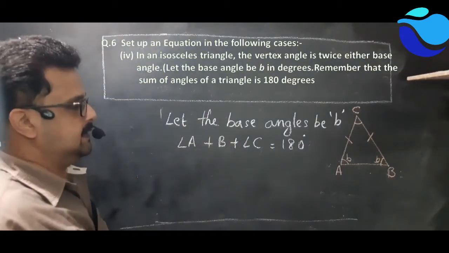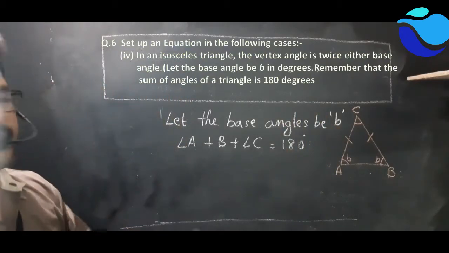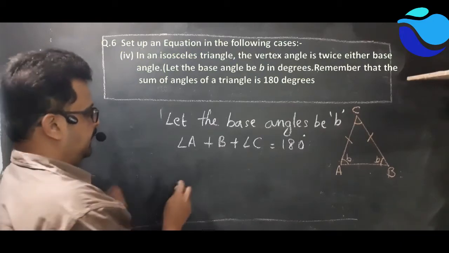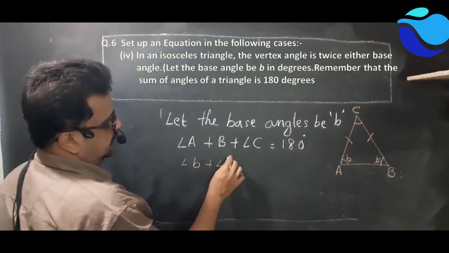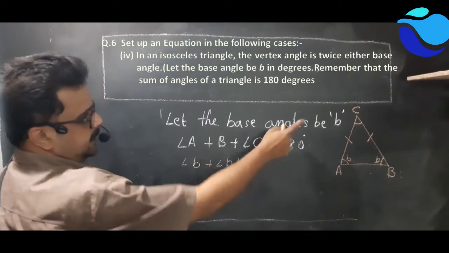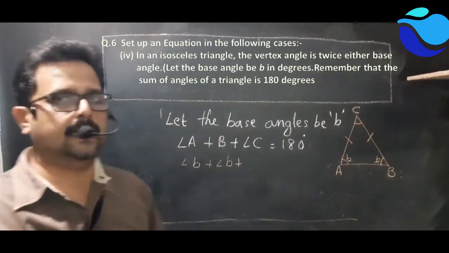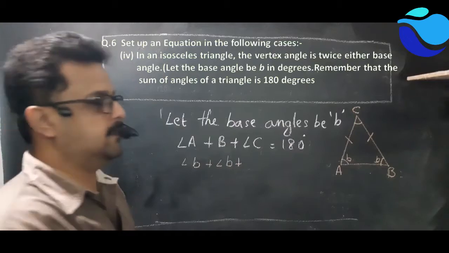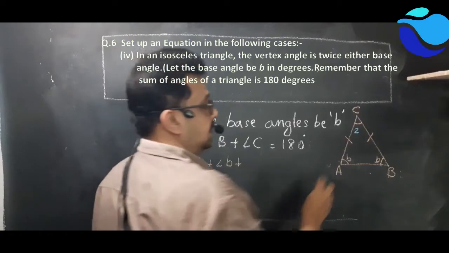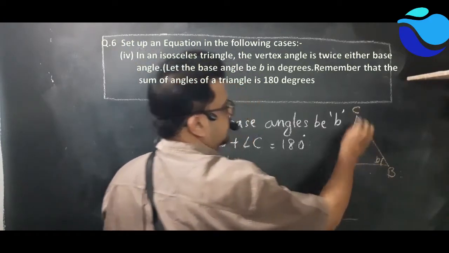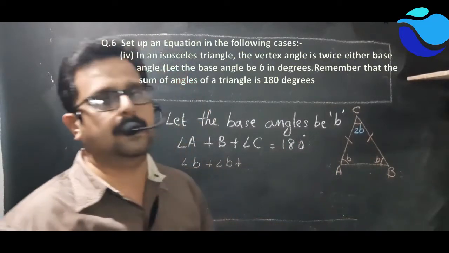But it is given that angle A and angle B are the base angles B. So we can write here angle B plus angle B. Then what will we write for angle C? It is given that it is twice the base angle. Twice means which number you have to put in front? You have to put 2 here. Twice the base angles, so it is 2B. Okay, so this is 2B and the other ones are B and B.